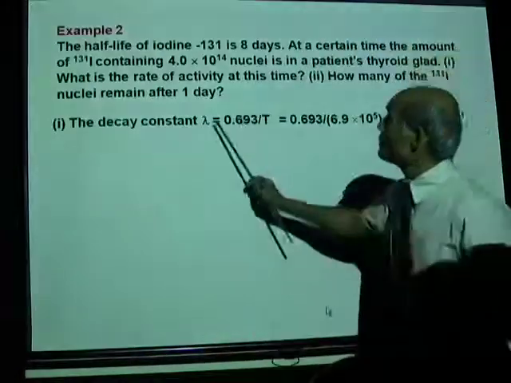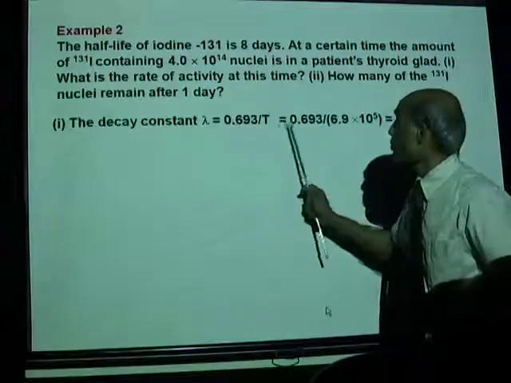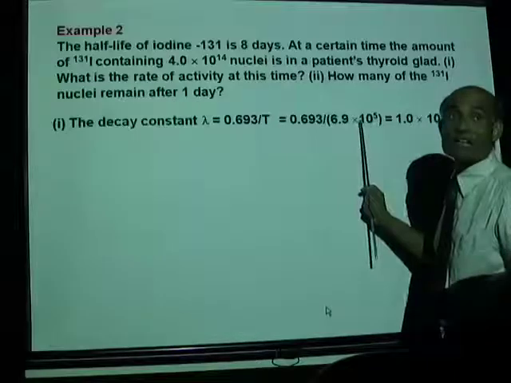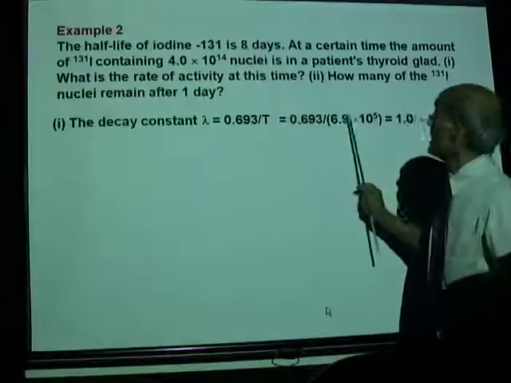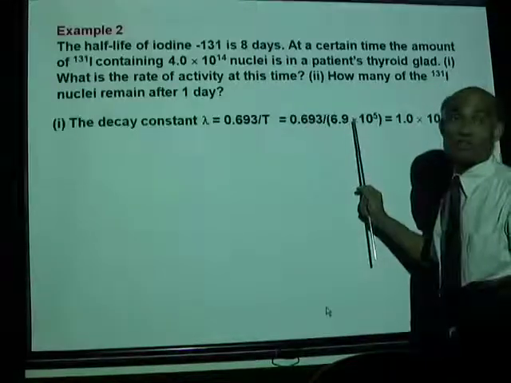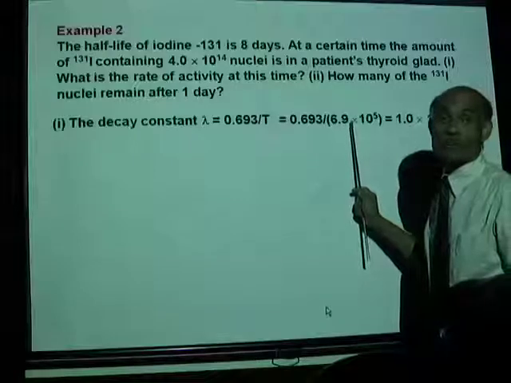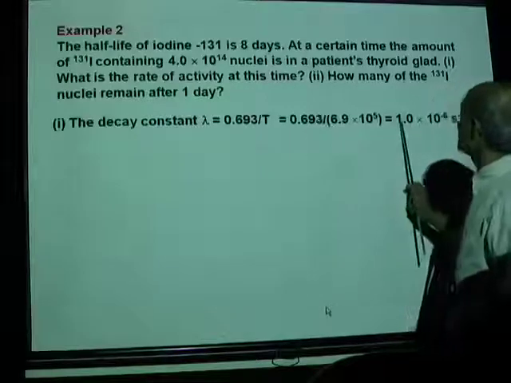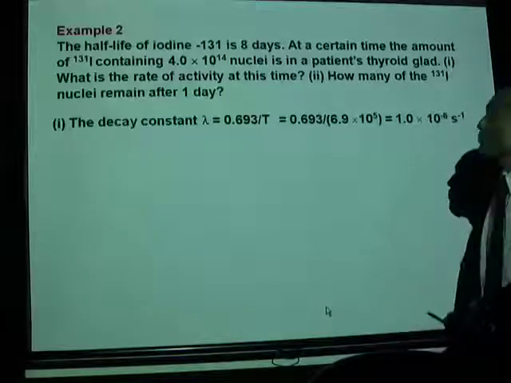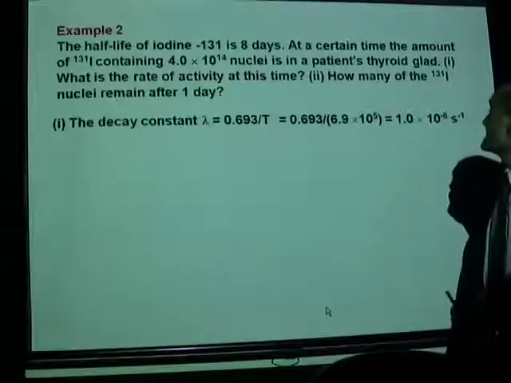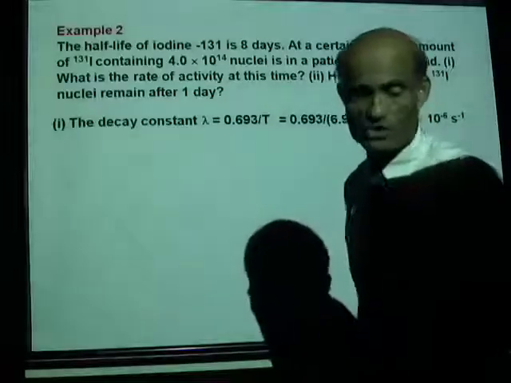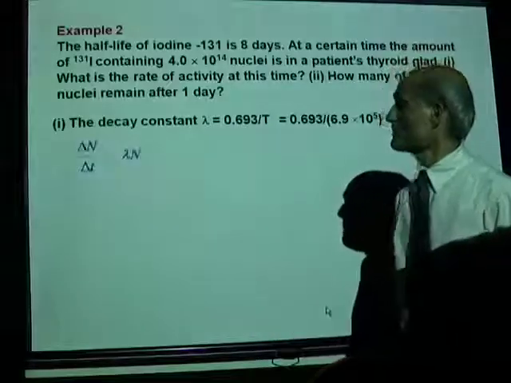So the decay constant is 0.693 divided by the half-life, 8 days. You need to represent that in seconds: 8 times 24 times 60 times 60. And that gives you the decay constant is 1 times 10^-6 per second. Right. So many disintegrations happening per second.